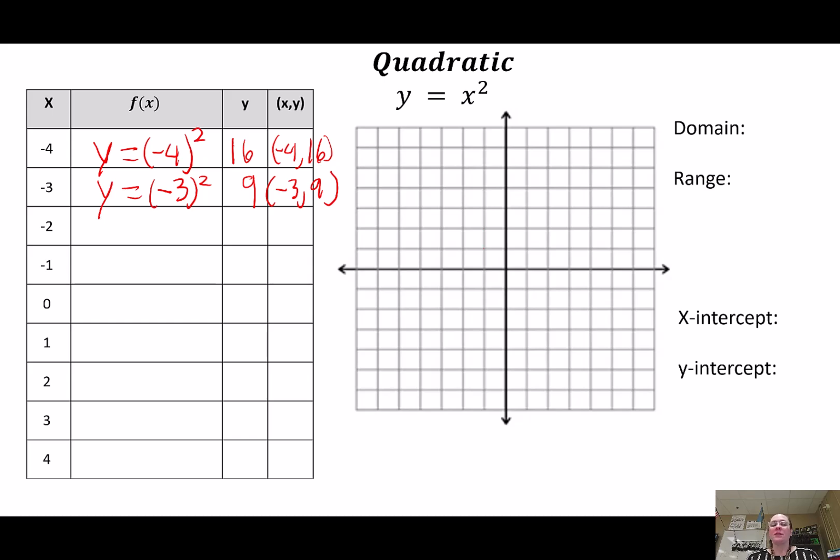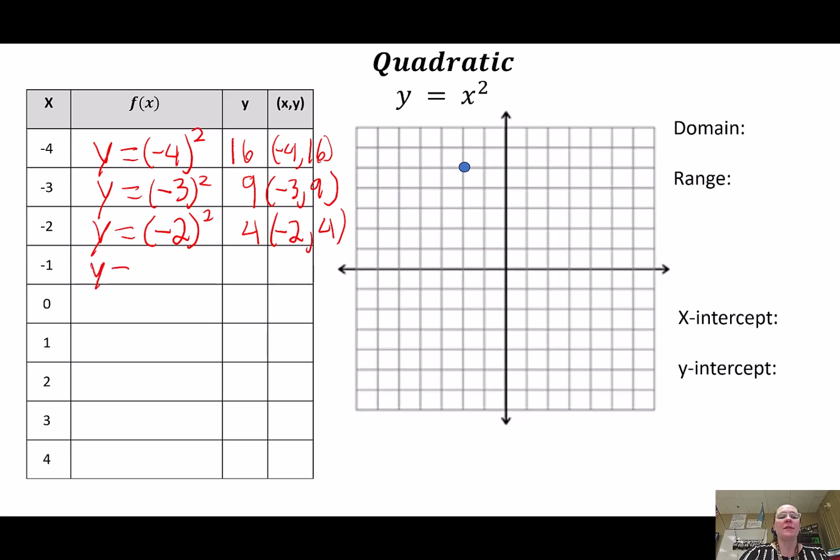So again, we can't plot this point. Okay, so now let's do negative 2 for x. So I'm plugging in negative 2 for x squared. So negative 2 squared is 4. So I get the point negative 2 comma 4. Now I can plot this point, right? I can go left 2 and up 4. Okay, so there's my first point plotted on this one.